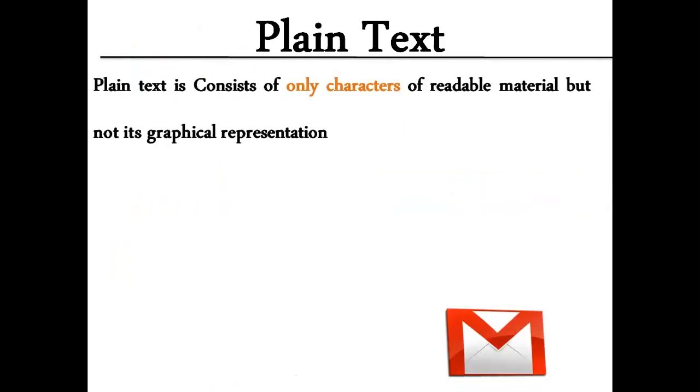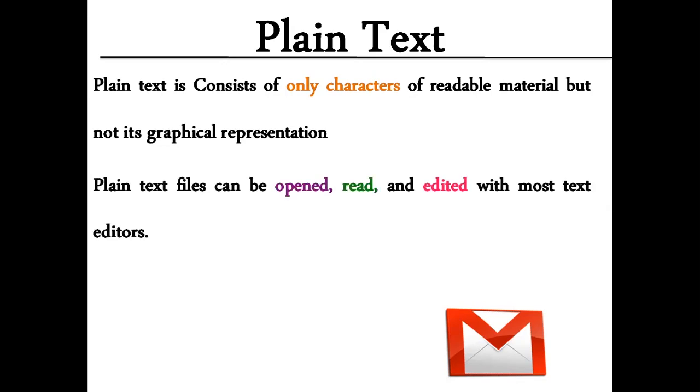Normally, plain text can be used only for reading characters or typing characters, but it cannot be used for graphical representation. Plain text files can be opened up for reading and editing.